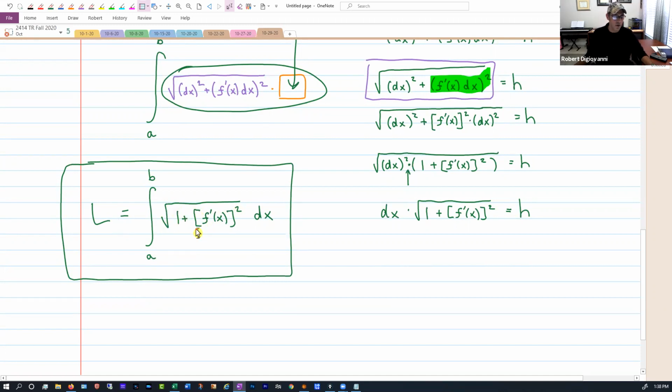In all seriousness, it is very tough to calculate arc lengths, because a lot of times if someone just throws a function at me, I would be willing to bet 98%, 99% that I wouldn't be able to find you the arc length, not without a computer. And that's because so many things have to work out perfectly for this formula to work.